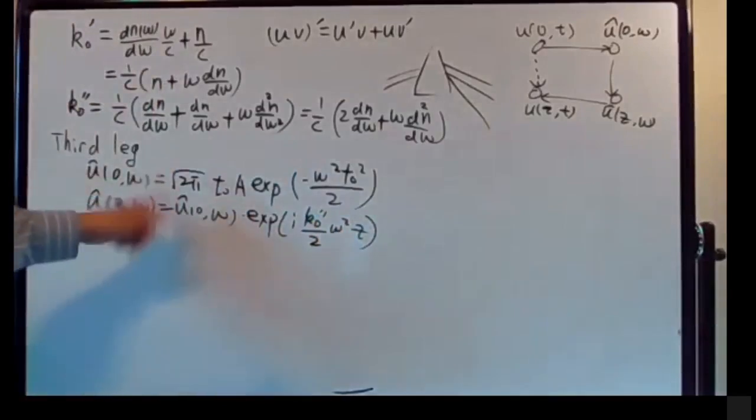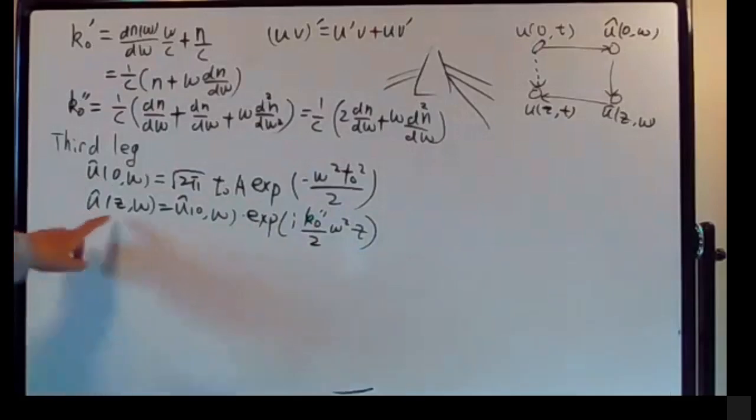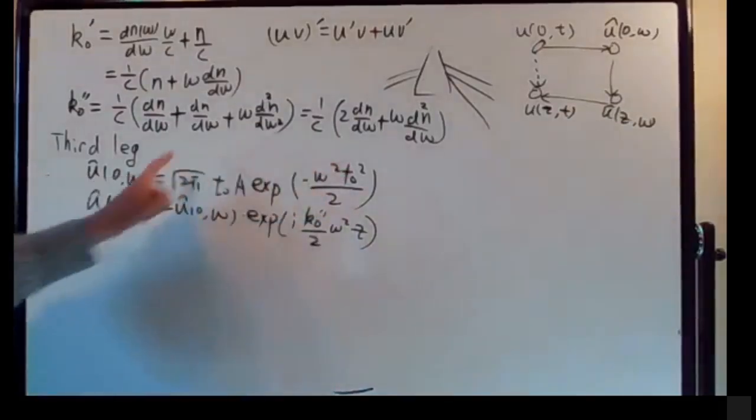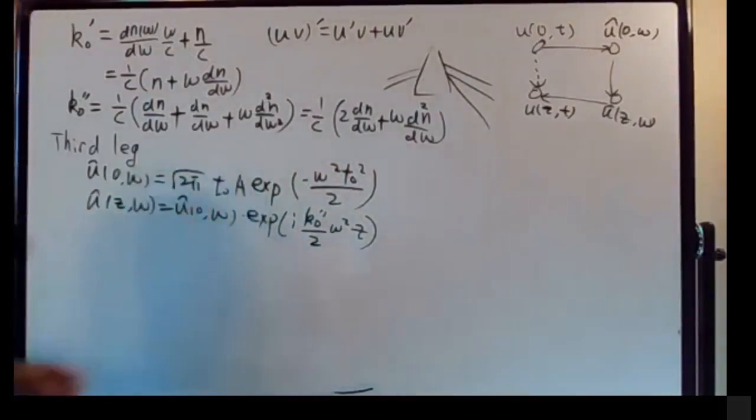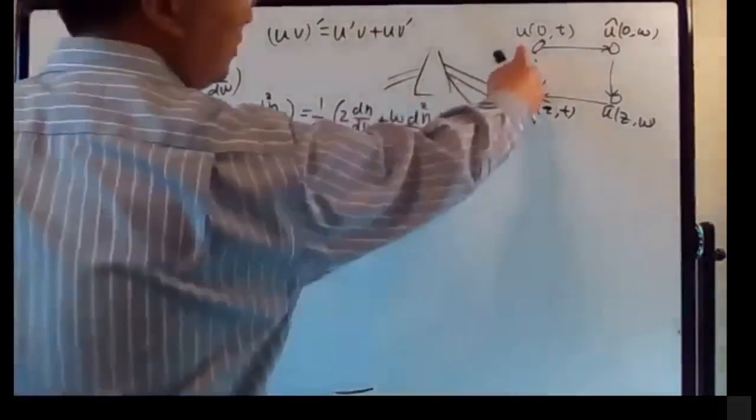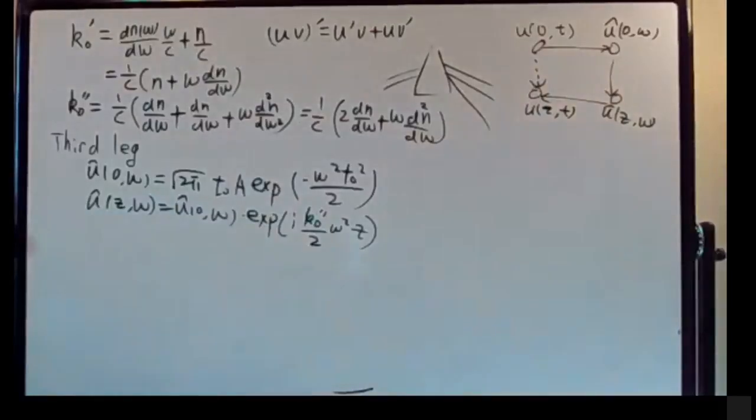The product of these two gives us u z omega. What is T naught? T naught is the width of the pulse at the original.